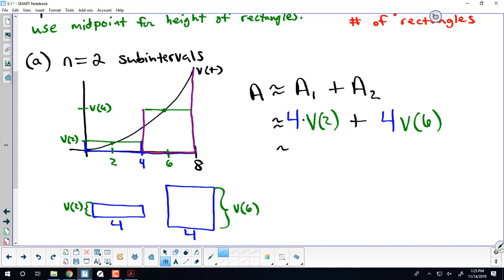So that's 4 times v of 2. Our function again was t squared, so that's 2 squared, plus 4 times v of 6, which is 6 squared.